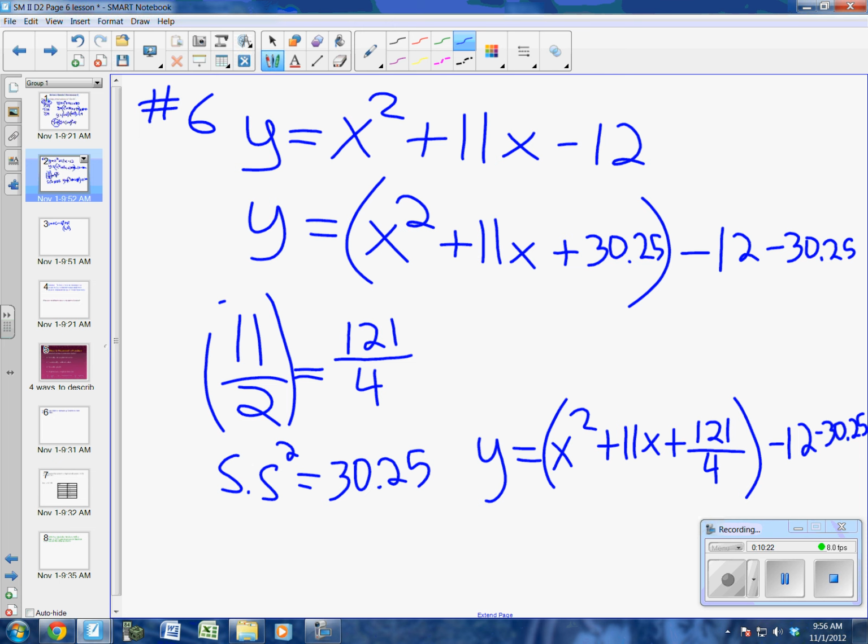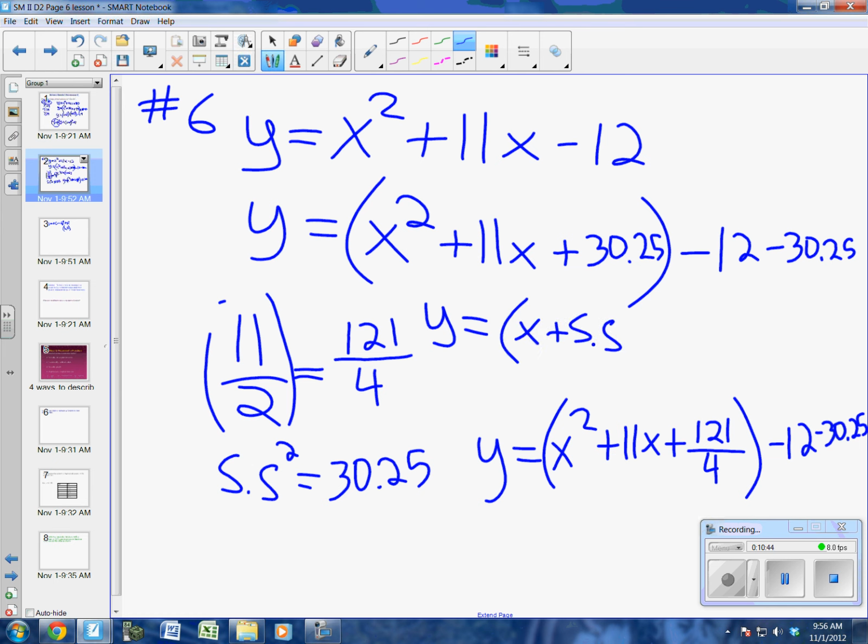All right, so now we have this function right here. I've got to factor it. What does it factor to be? x squared plus 11x plus 30.25. x plus 5.5, okay? x plus 5.5.